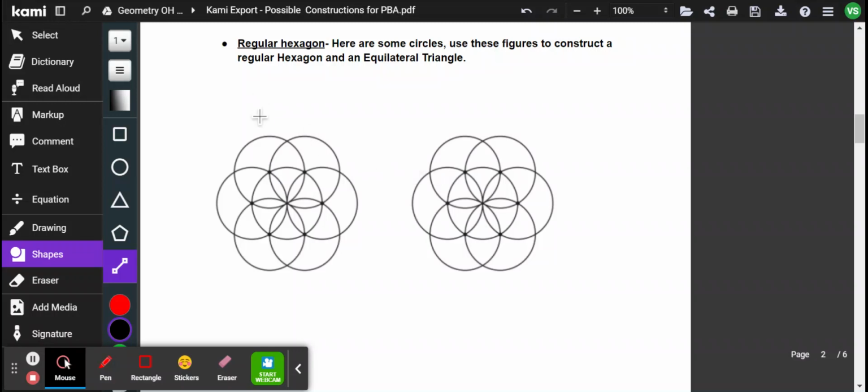All right, so what this is asking you here is to make an equilateral triangle and a hexagon. We would use these intersections to make our hexagon or equilateral triangle. So all I'm going to do is make that six-sided figure by connecting these points.